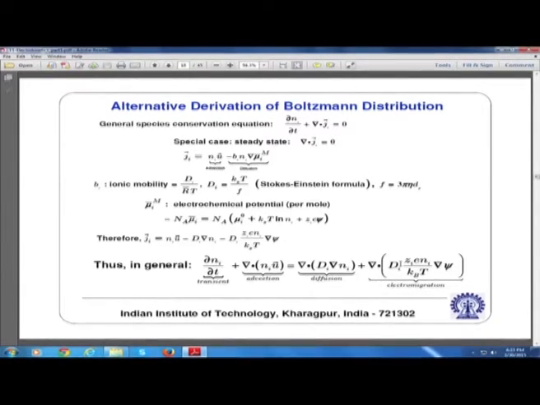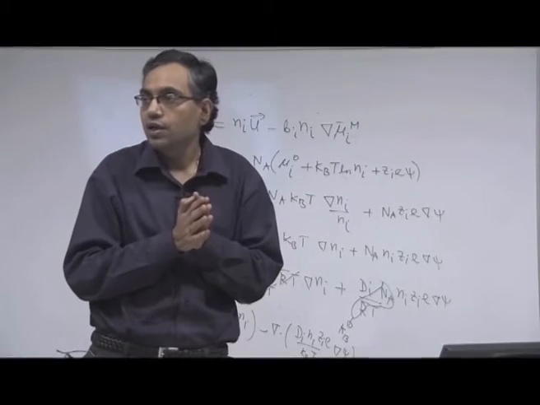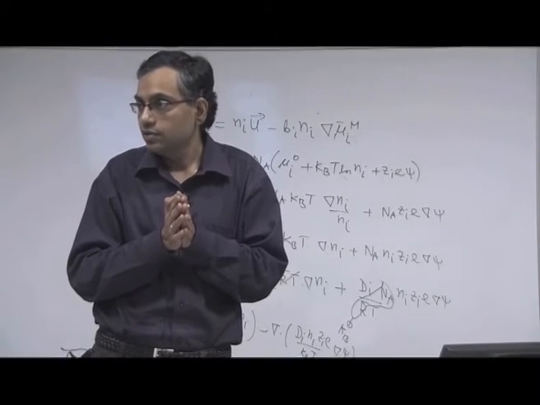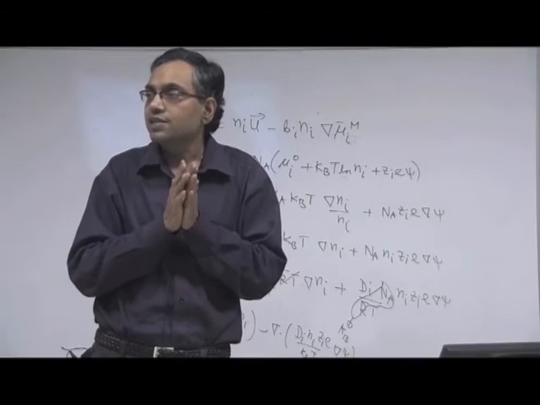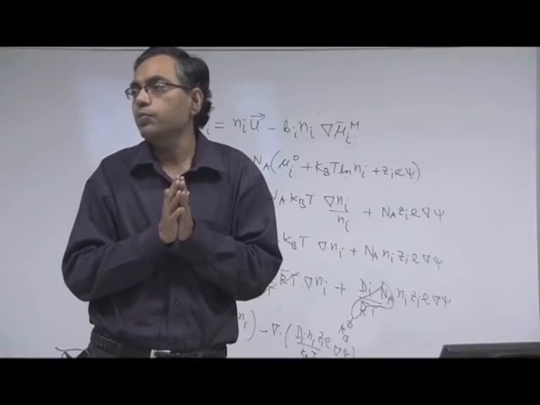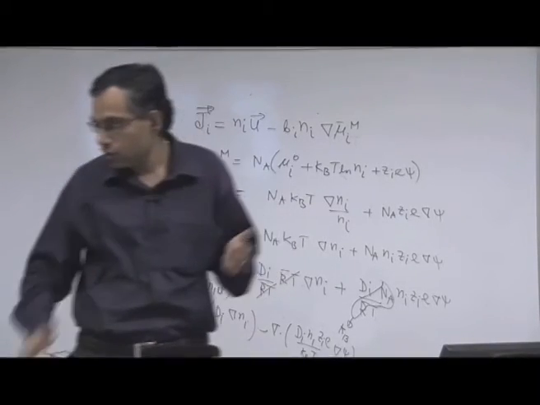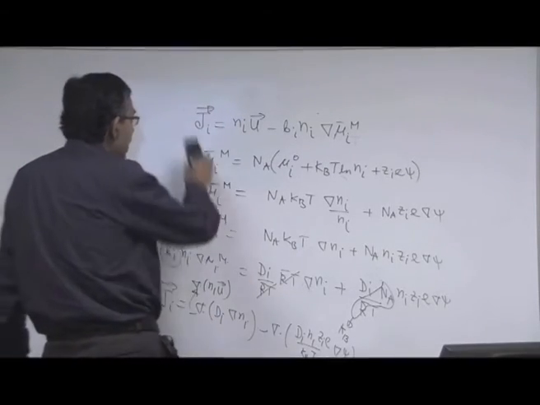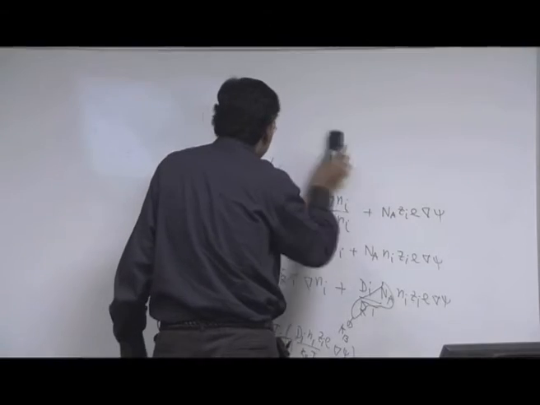Sometimes we simplify for solving a problem, but we must have a clear picture of what we should do if we want to generalize. Now, for the special case when there is no unsteadiness and no fluid flow, this equation should boil down to the Boltzmann distribution, because that is the same form of the electrochemical potential that has been taken. So let us see how we can arrive at that conclusion.